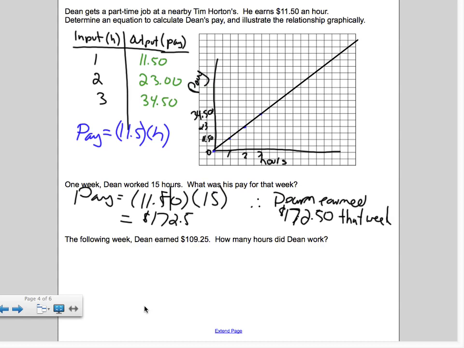But now that we have an equation, we know the exact relationship between hours and pay. We can actually calculate this. So how can we calculate how many hours he worked? 109.25 divided by 11.50. How can we work this out algebraically?